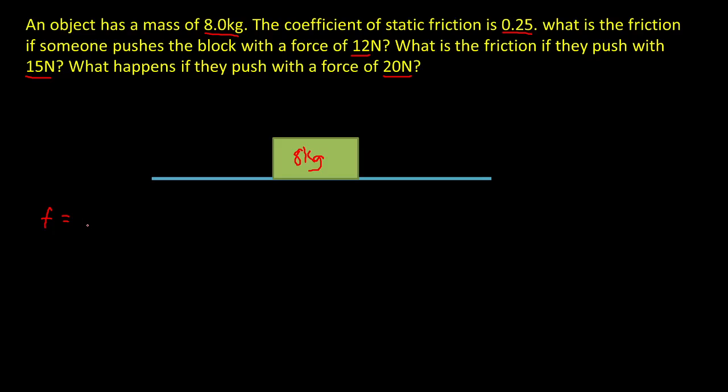Direct multiplication na lang: static friction times mass at gravity. 0.25 times 8 kg times 9.8.